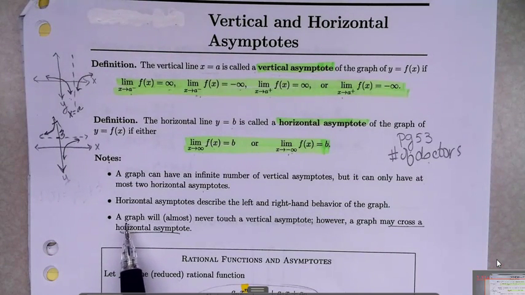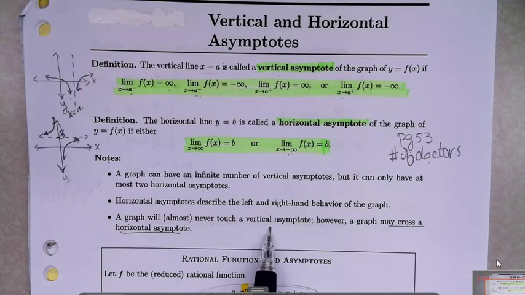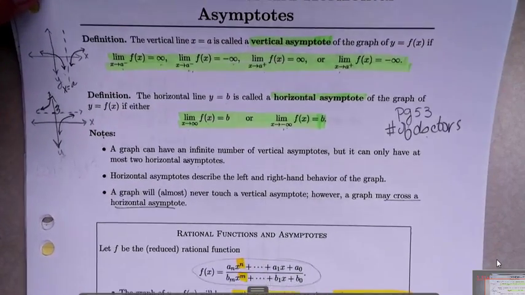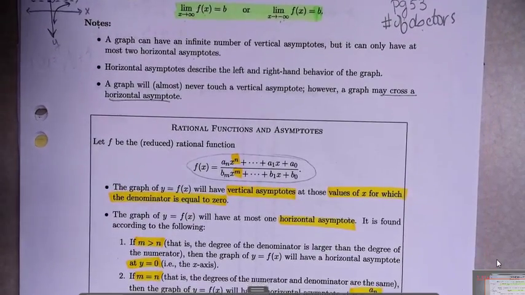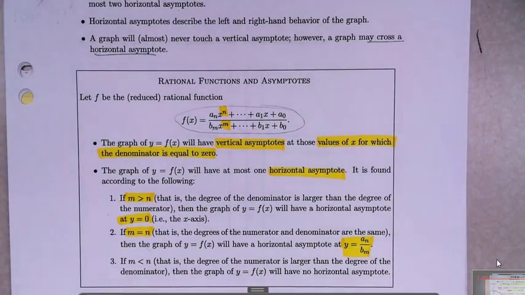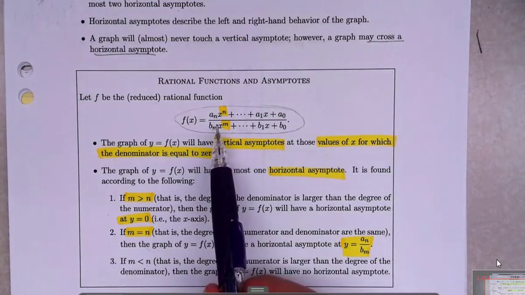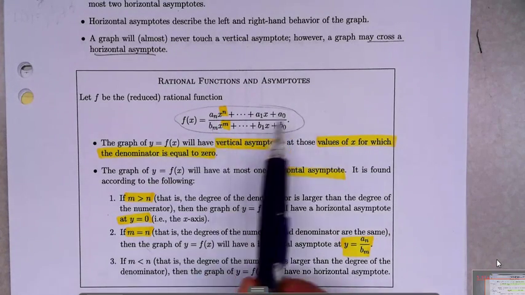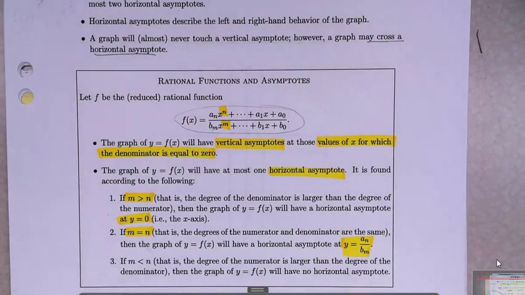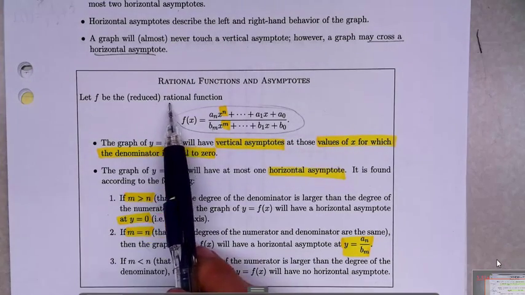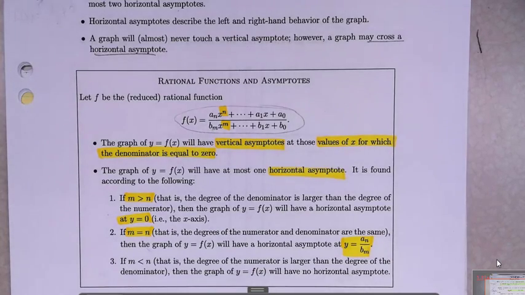And I can say that in my experience, the graphs do not touch a vertical asymptote. However, a graph can cross a horizontal asymptote, as you just saw in that doctor example. Okay, so there are some rules for finding asymptotes if you're given a rational function. A rational function is something where we have basically a numerator and a denominator. And we're going to say that this is a reduced rational function, so it's been completely simplified.